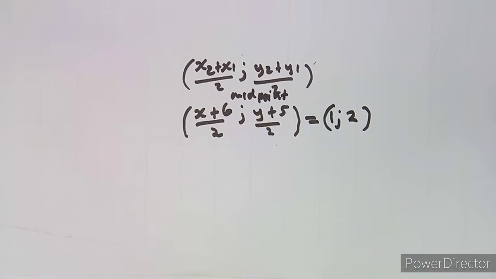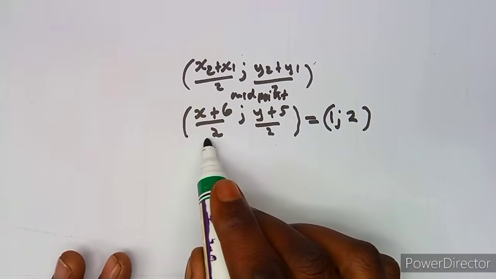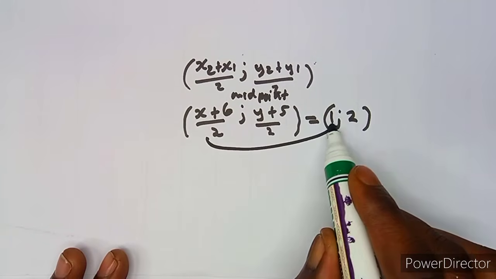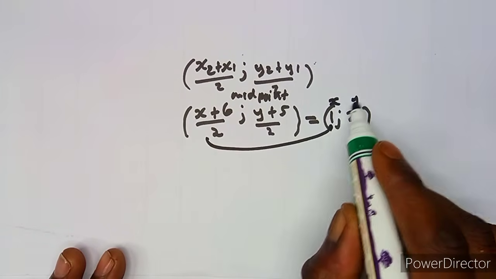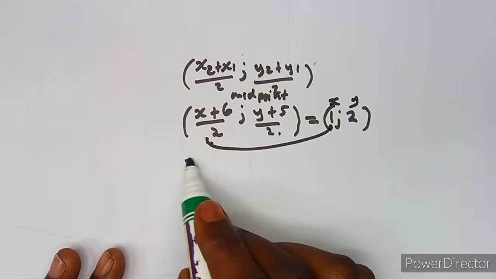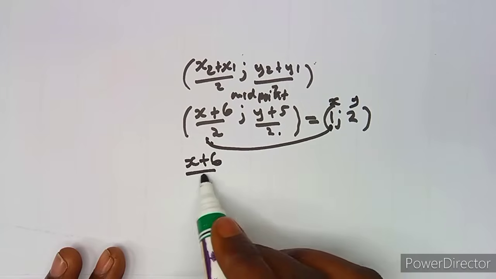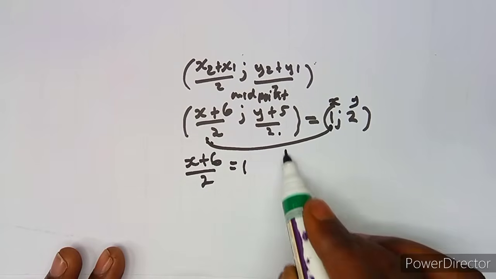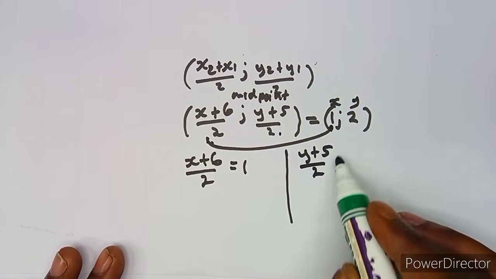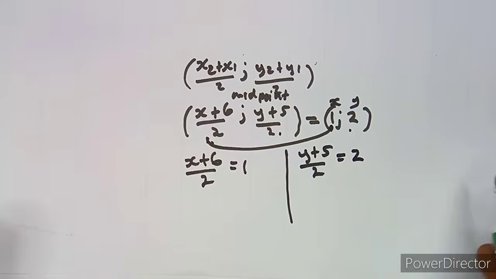We have actually formulated an equation here. How? These are equal points in terms of x. So we're going to equate this, because this is x and this is y. The same, this is x and this is y. So you're going to equate this to 1. X plus 6 over 2, you equate to 1. We do the same for y here. Y plus 5 over 2, you equate to the value of y here, which is 2.